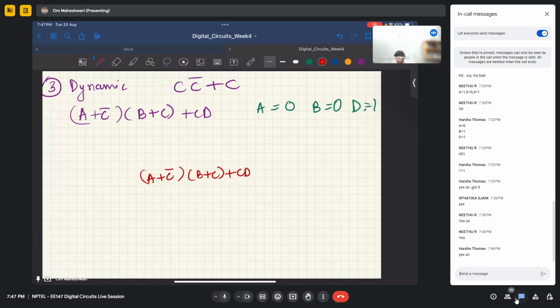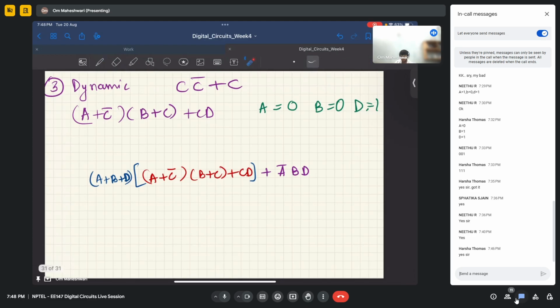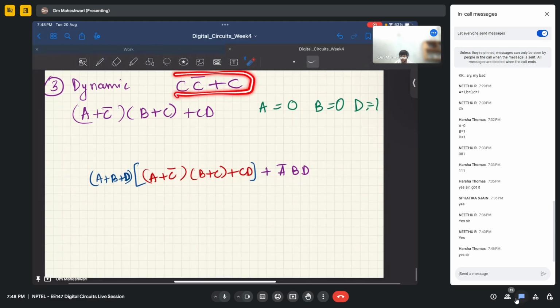Then we added plus A bar BD, and we multiplied with A plus B plus D. Right now, our condition is A0, B0, and D1. We need to avoid this.